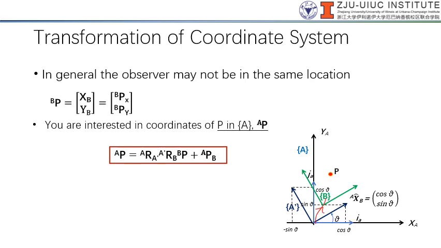What we can do is introduce another frame A prime that has the same orientation as B. So we are still doing the same operation of rotating about the Z direction, but after that we still need to add this offset vector, APB.